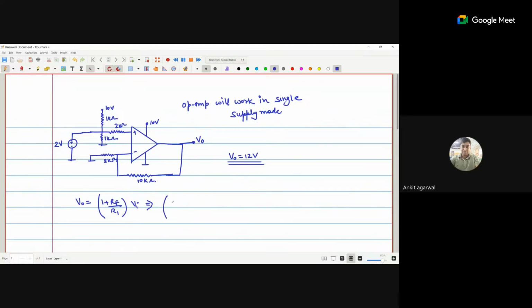So it becomes 1 plus 10 divided by 2 times 2 volt, that is 12 volt. Now this 12 volt will exceed the operating range. So what is the value of V naught? V naught value is 10 volt.